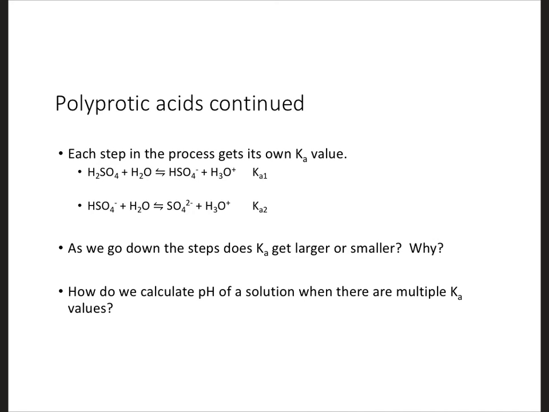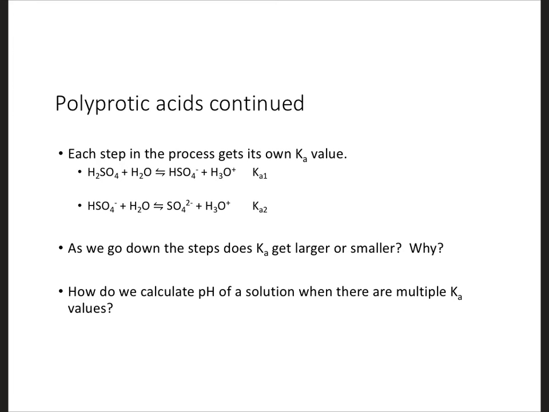So that brings up another logical question. If we have these different Kas, and each Ka means we're donating additional protons into solution, how do we calculate the pH of the overall solution? If I just put H2SO4 into solution, I actually have to account for the protons that come off for the first dissociation and the protons that come off for the second dissociation.